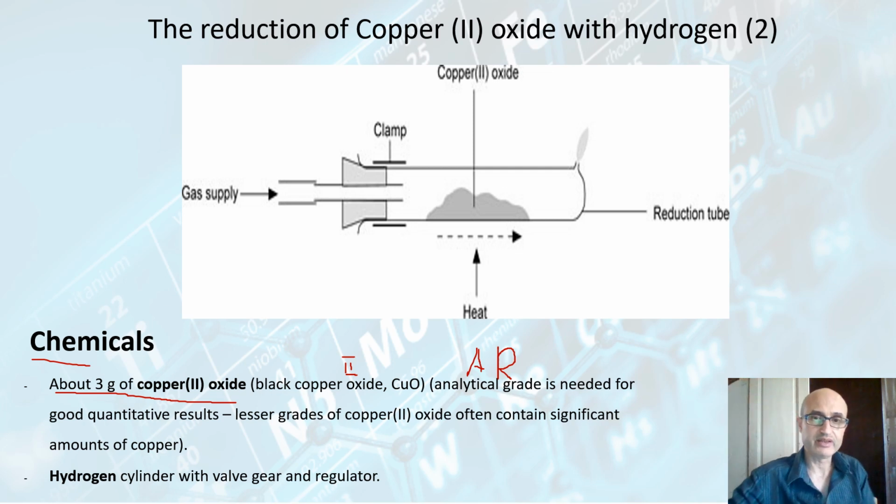So the idea is to strongly heat the copper 2 oxide, which is dispersed at the center of the hard glass tube. It is spread out. It is positioned well away from the outlet where you have the hydrogen being vented off and burnt off.